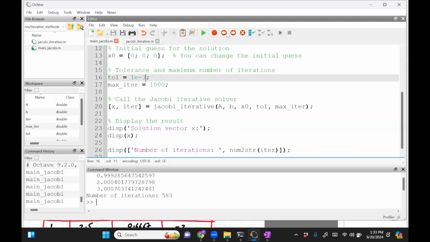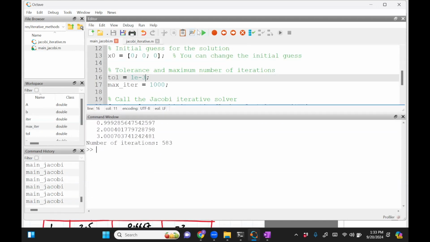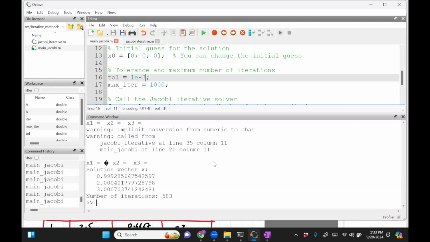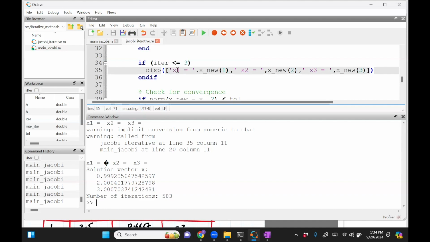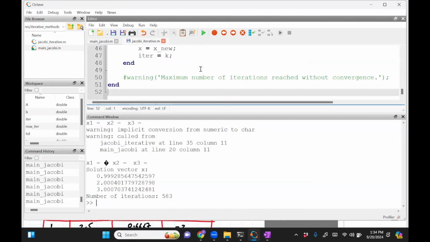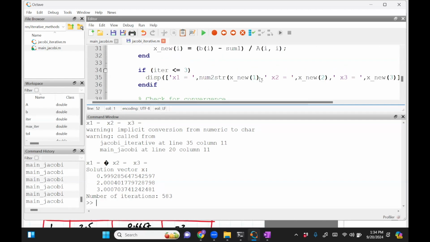Okay, let's go back. So here's the problem. You see, x1, it didn't really print anything. The reason we did not print anything is because this is a string, a character, while this one is a numeric value, so you cannot mix them up. You need to convert this to a string so it all prints. The way to do it is num to str, number to string.